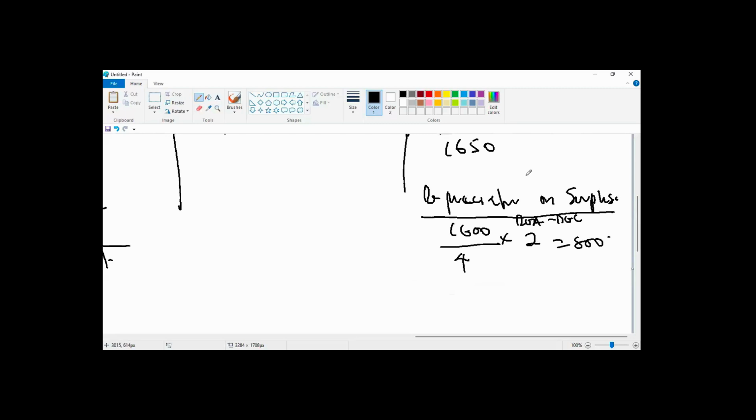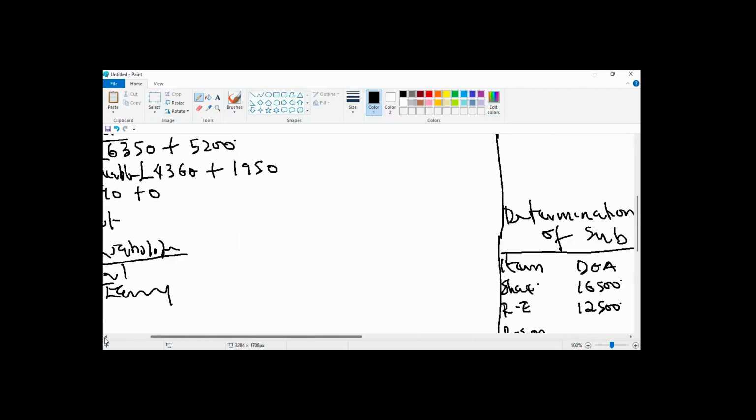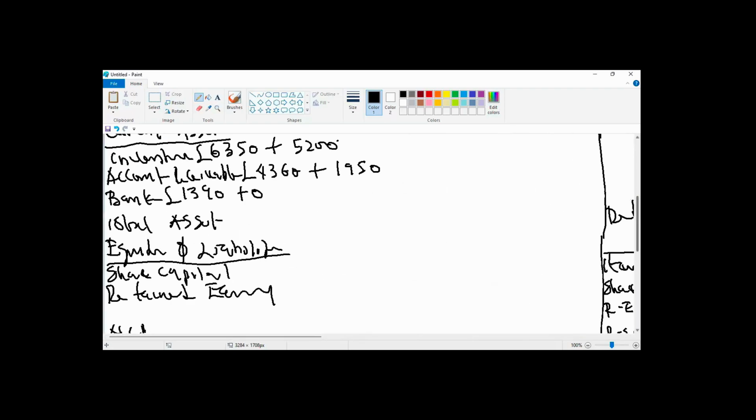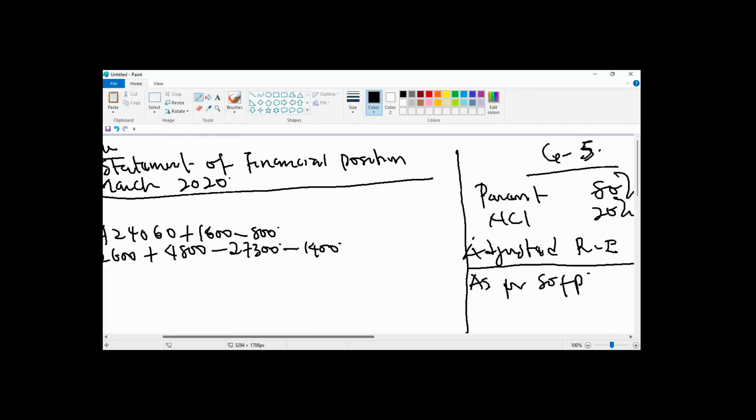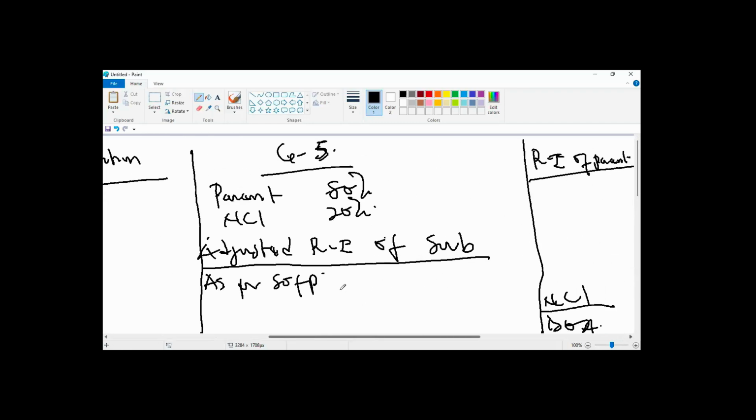What do I do to the 800? Very simple. PPE will be credited. Adjusted retained earnings will be debited, minus 800. I will now go to the PPE. Depreciation 800.